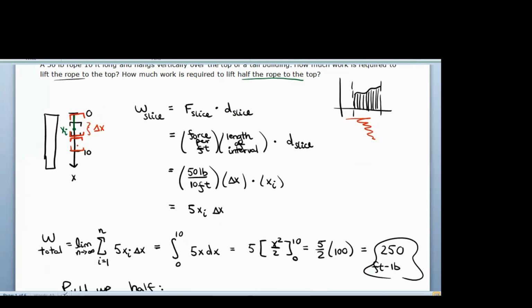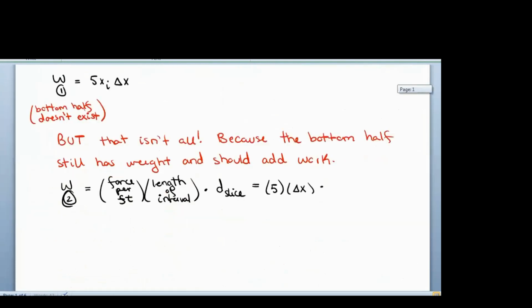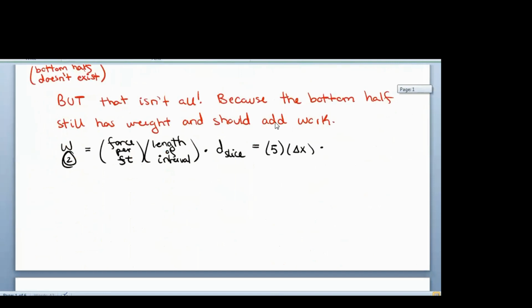If I pull the top half up to the top of the building, then the bottom half replaces where the top half was. And so no matter what slice I take, everything should have moved up 5 feet. And so it's no longer xi, it's just 5. Everything moves up 5 feet. And so I just get 25 delta x.